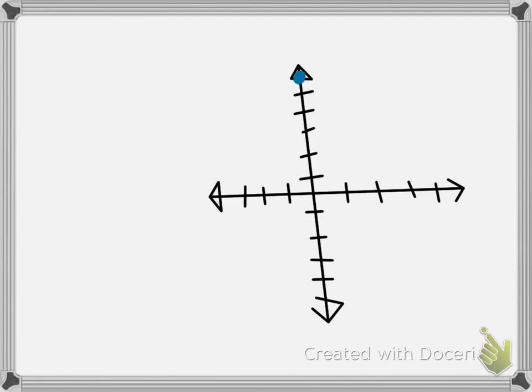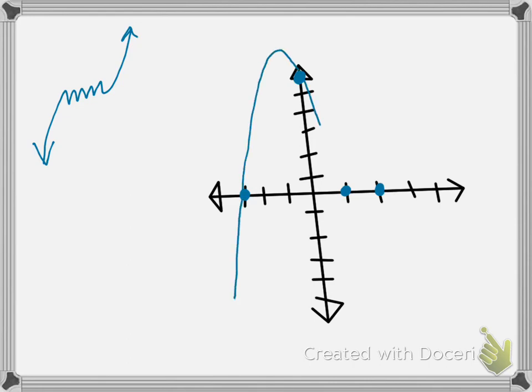So there's my y-intercept. I have solutions at negative 3, at positive 1, and at 2. And we also know that my end behavior looks like that right there. That's what my end behavior looks like. So, based on that, we can draw a smooth curve.